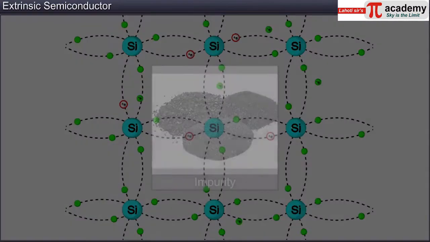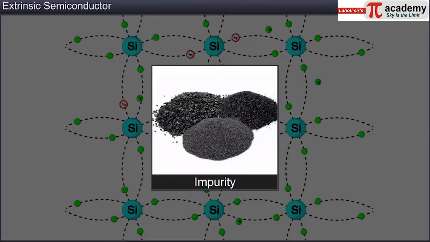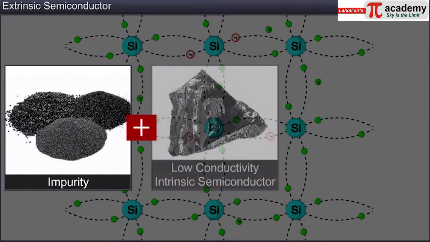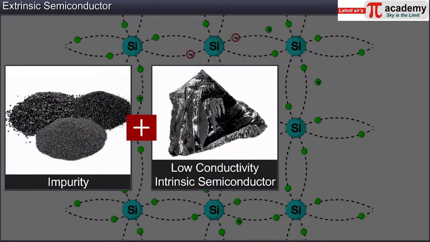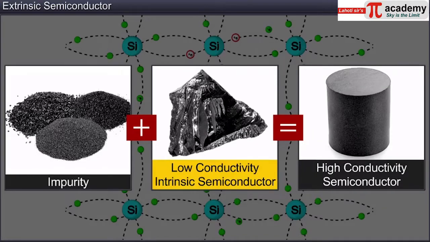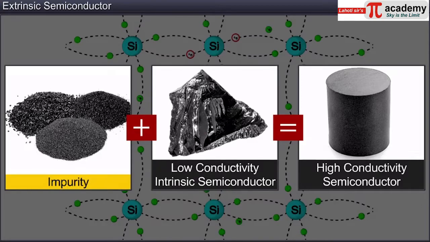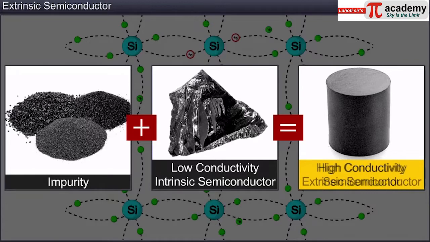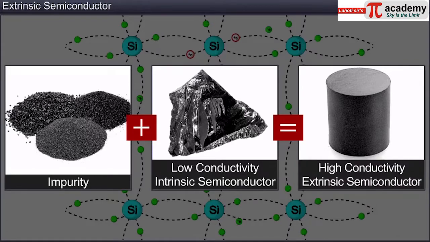When a small amount of suitable impurity, say a few parts per million, is added to an intrinsic semiconductor, its conductivity increases to a large extent. A semiconductor that has an added impurity to increase its electrical conductivity is called an extrinsic semiconductor.